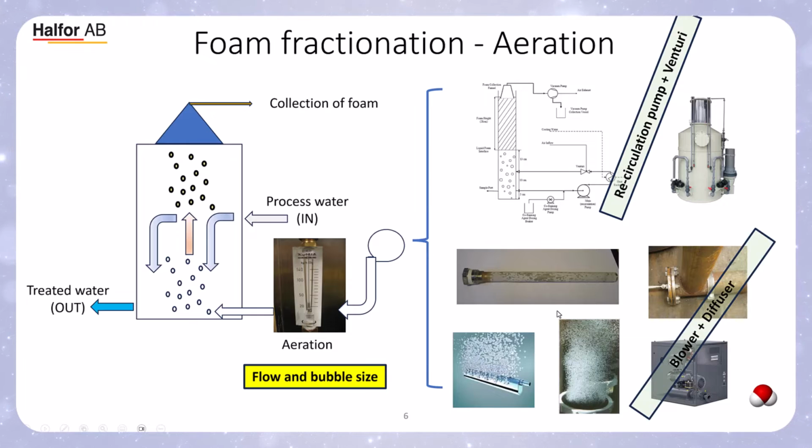Also, you can use a separate blower, and then you have different nozzles or contraptions to introduce the air. Here you see what we call a sparger, a ceramic pipe with a pore size which can be 5 or 10 microns.